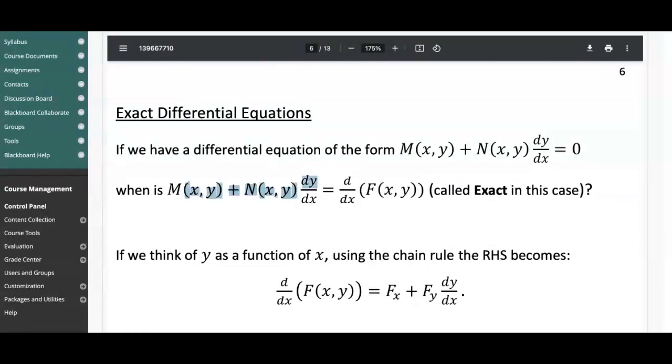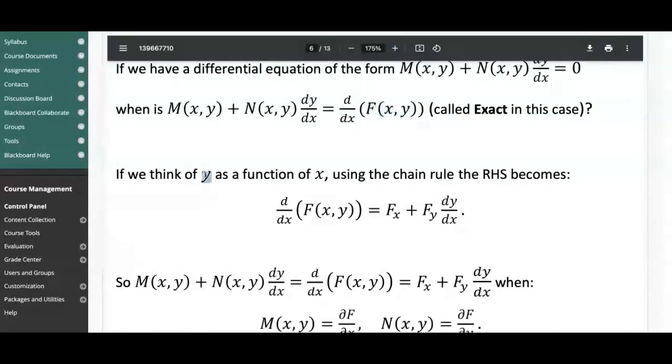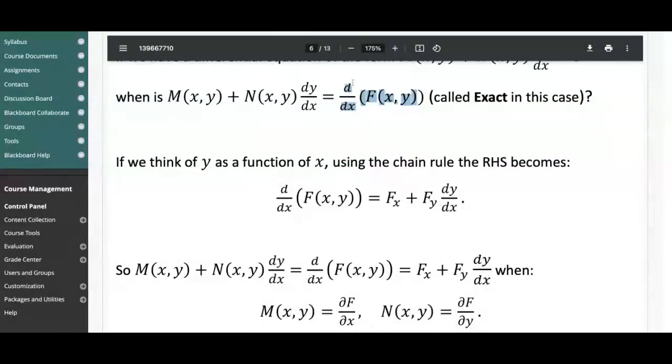And so this looks like differentiating some function in terms of x. If we think of y as a function of x, we use the chain rule for the right-hand side. For the right-hand side, what do we get? So we differentiate this.